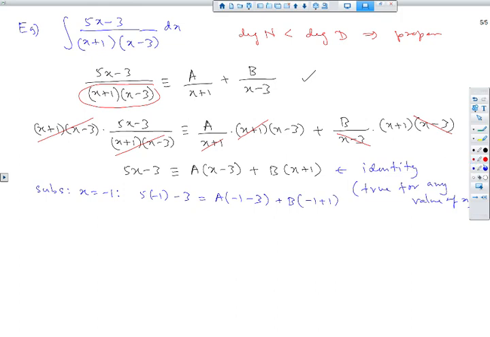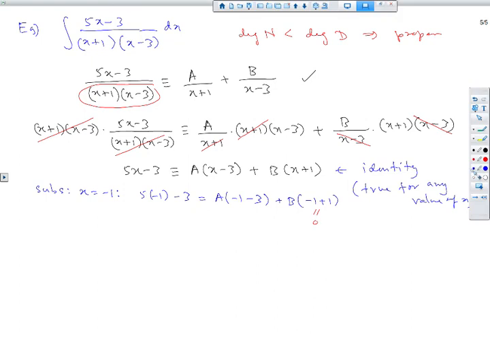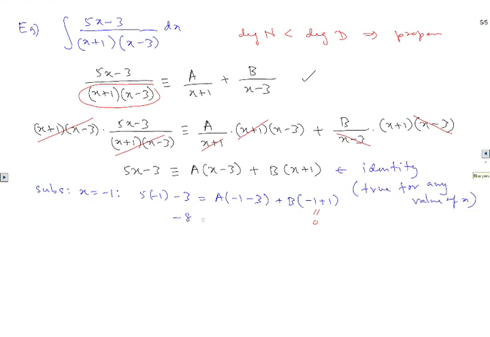You can see that that term is 0, so you do not get that term anymore. So this side simply becomes negative 8 equal negative 4 times A. It says that A equals 2.